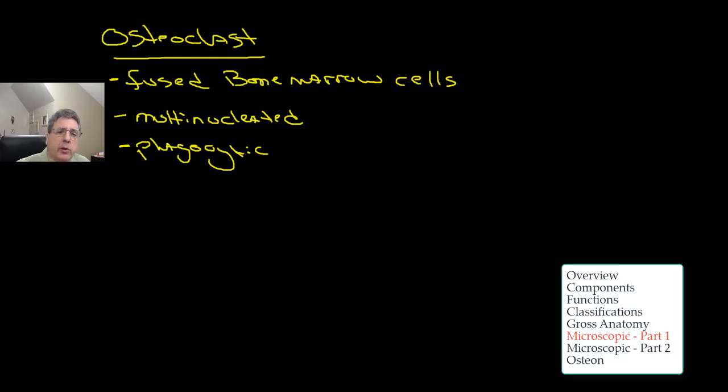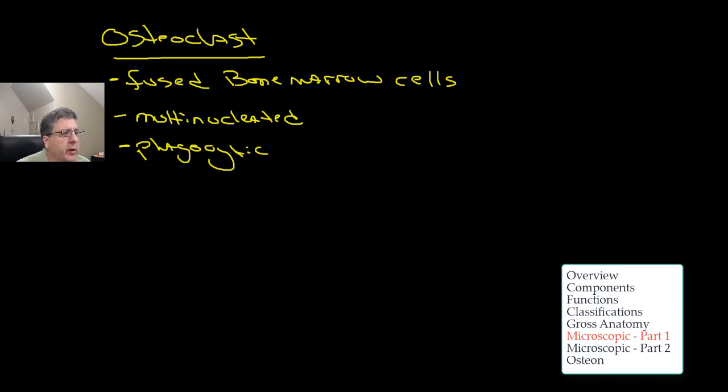And when we get into the different blood cell types, a monocyte is a white blood cell that does phagocytosis. So it engulfs bacteria and it tears down different things. So the fused bone marrow cells are similar to monocytes in origin, and therefore they're going to be phagocytic. So it's going to be absorbing something, or breaking down something, okay?